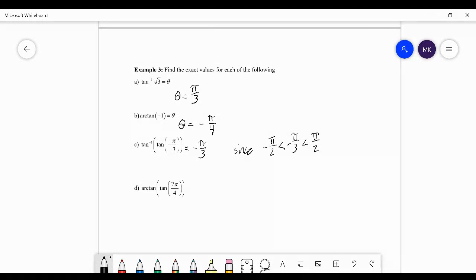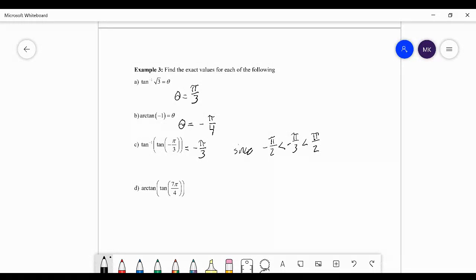Notice here I don't say less than or equal to, but with both cosine and sine, I said less than or equal to, because cosine and sine include those endpoints, but tangent doesn't. So if we have something like inverse tangent of pi over 2, that's undefined because tangent of pi over 2 is undefined. Therefore, inverse tangent of that must be undefined as well. So we have to be careful with that, right?